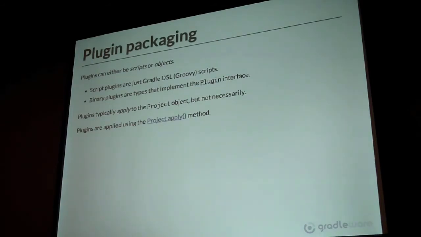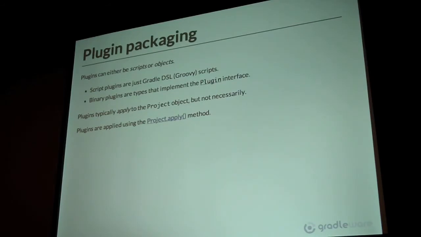For example, if you do lots of dependency management in your build script, it gets bigger, you take everything that's related to dependency management, move it into a separate file, call it dependencies.gradle, and in the main script you apply it. And that already makes your build script easier to understand, because you have now one build script which is focused on dependency management, and another one, the main one, which does all the rest. So that's the simplest form. We call it a script plugin.